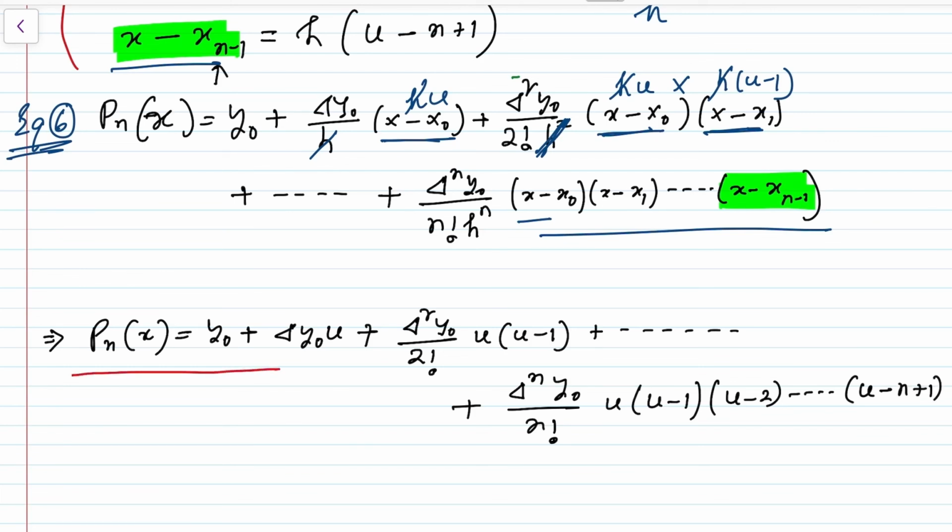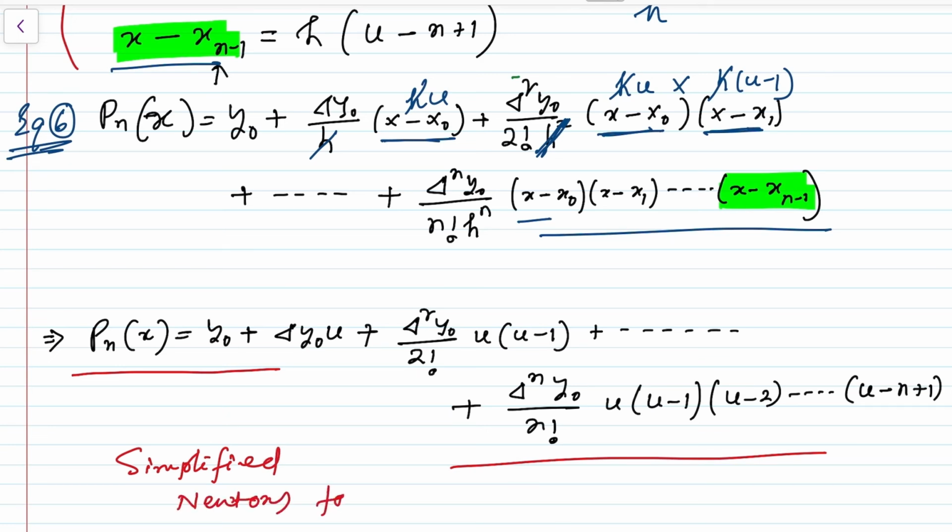So this is known as the simplified Newton's forward difference interpolation formula.